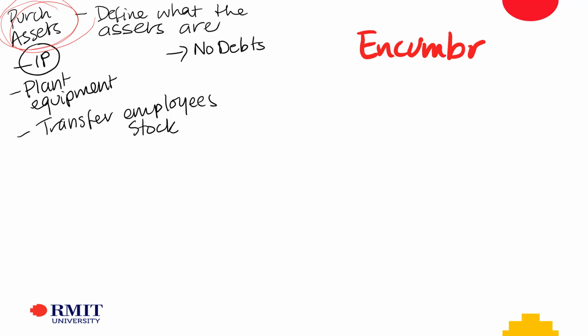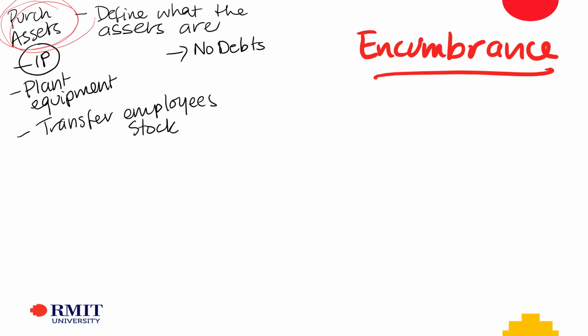So encumbrances. So what's an encumbrance? It could be, for example, a general security charge over the business, might be taken out by the bank if they have a bank loan. Examples of encumbrances could be things like mortgages. It could be a PPSA security, so a recorded security.